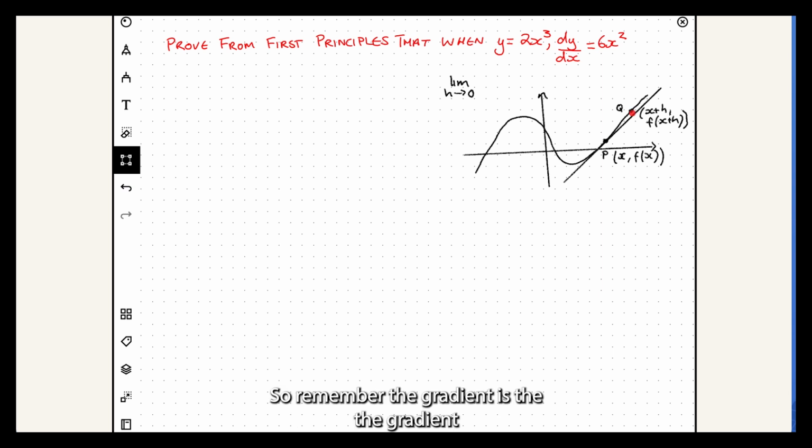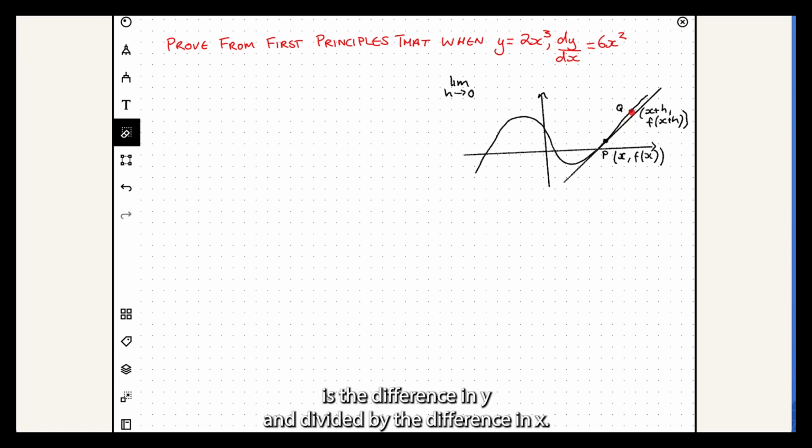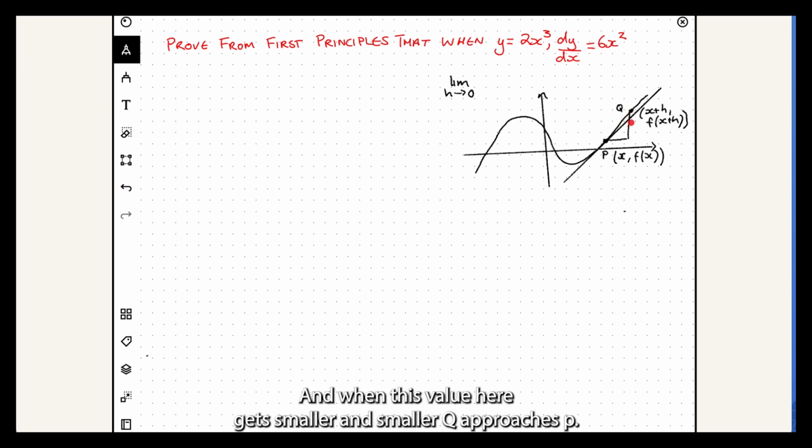So remember, the gradient is the difference in Y divided by the difference in X. And when this value here gets smaller and smaller, Q approaches P, so H gets much, much smaller, we end up with a function.